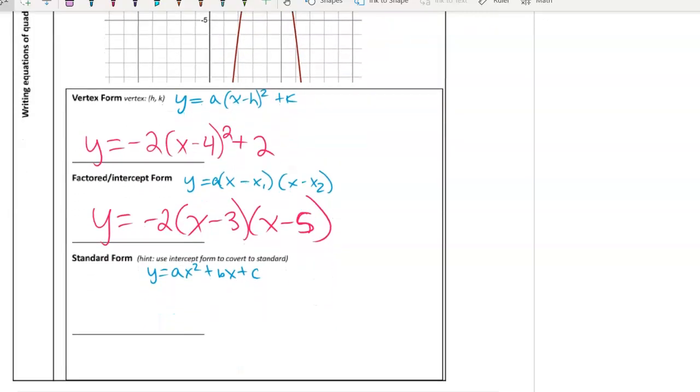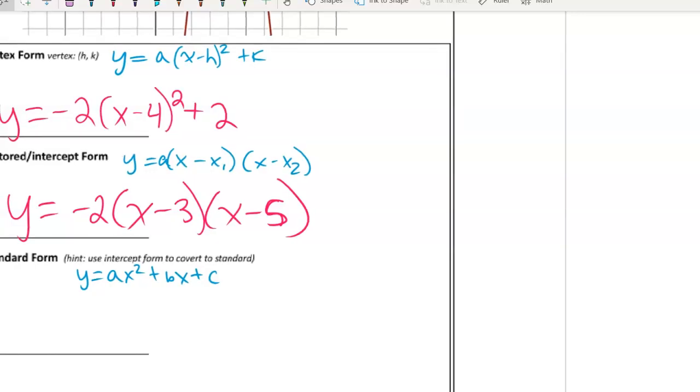Next, we're going to use our completing the square to find our standard form. I'm sorry, not completing the square. We're basically just going to FOIL the factored or intercept form out. So we will say y equals negative 2, x minus 3, x minus 5. And we're just going to use this space out to the right to go ahead and FOIL that out to get our standard form.